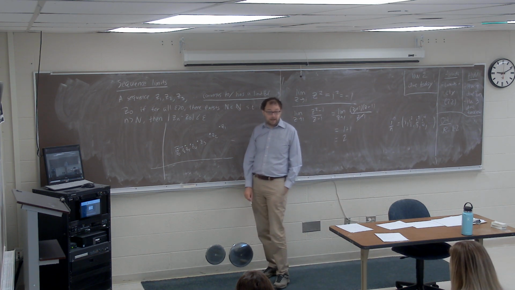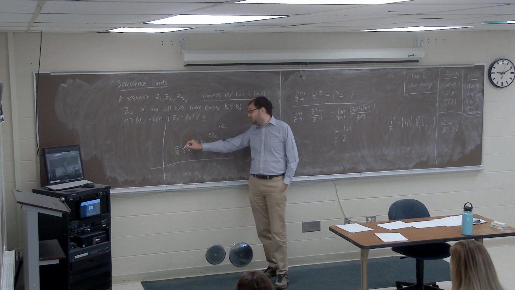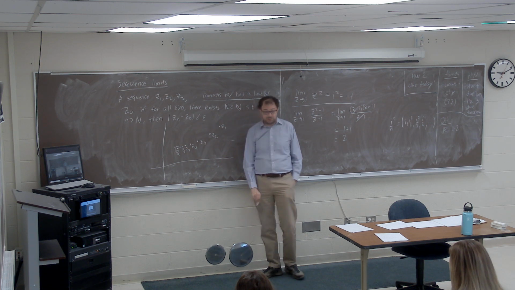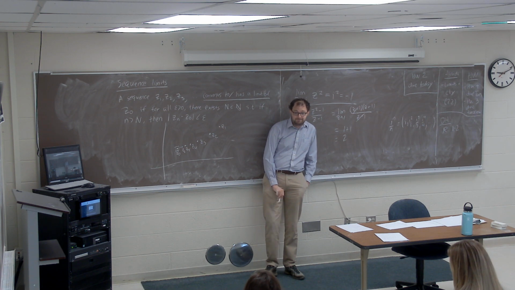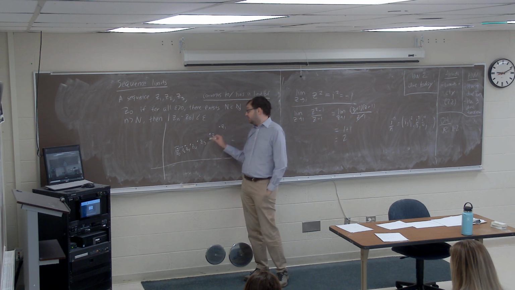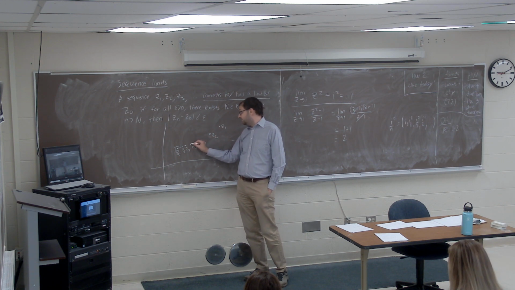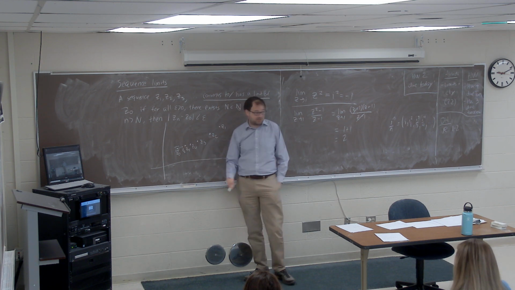And so, Ginger, intuitively, why would you say it looks like this sequence is converging to z naught? The bigger n gets, the closer we're getting to z naught. Yeah, the further out we get in the sequence, the closer and closer to z naught we get.